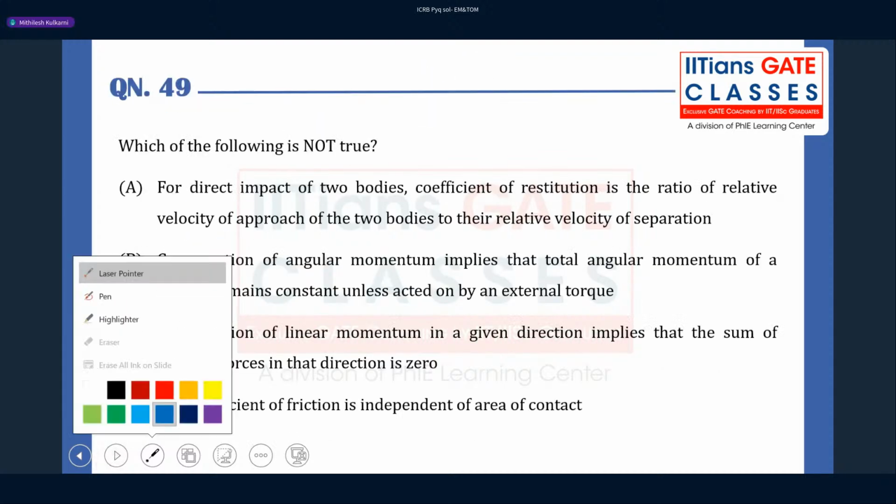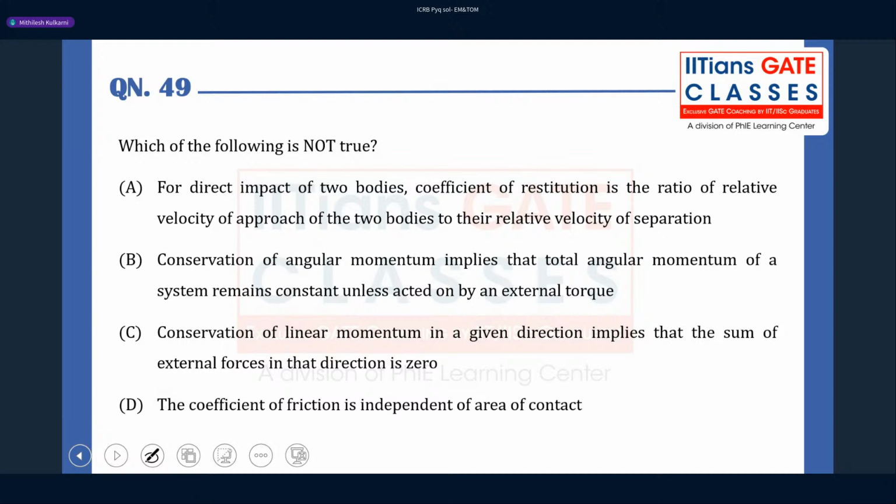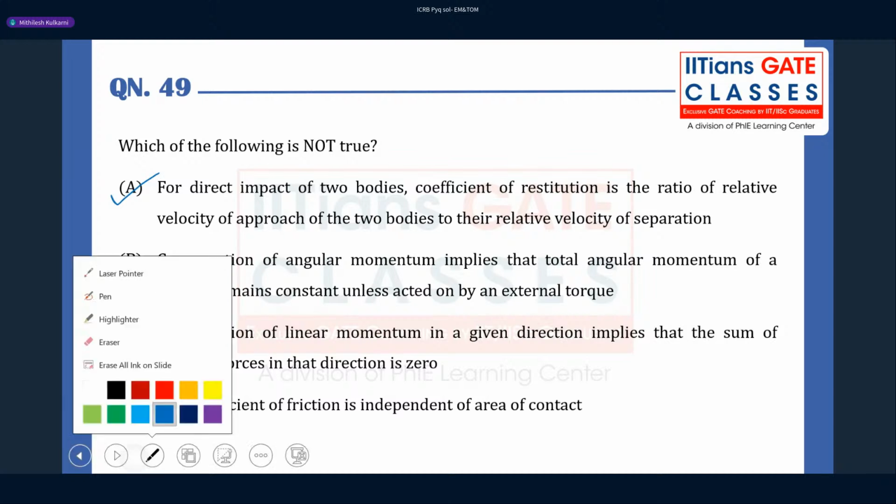Coming towards the next question, again this is a theoretical question. Which of the following is not true? For direct impact of two bodies, the coefficient of restitution is the ratio of relative velocity of approach of the two bodies to their relative velocity of separation. This is an incorrect statement, so at this point itself you can decide the answer. Let me explain.